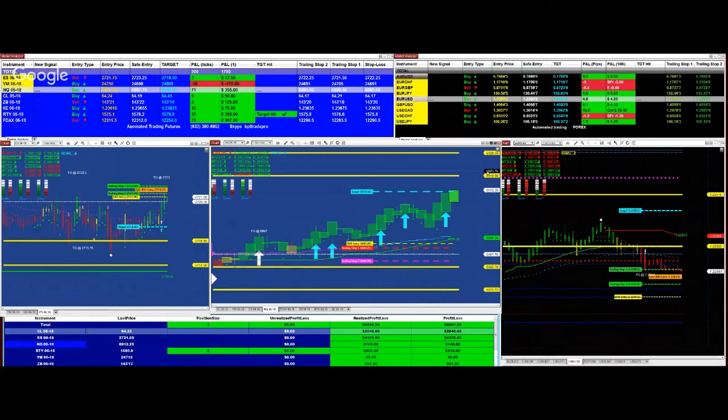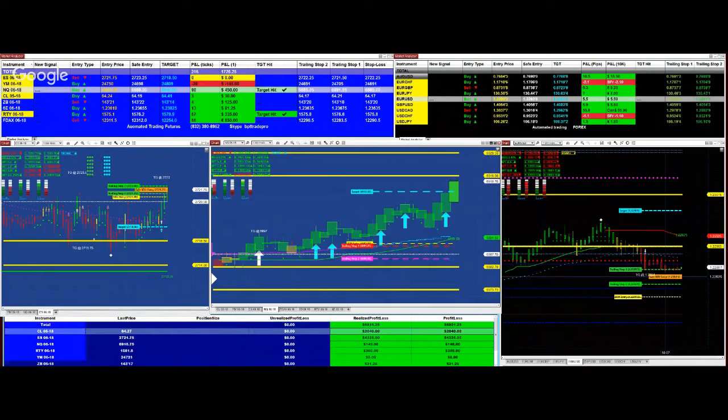If you notice on the euro dollar, the safe entry is 283.8, and it's exactly at this line here. And this is where you're going to see the euro dollar kick back from that number, exactly where it says on the market analyzer.